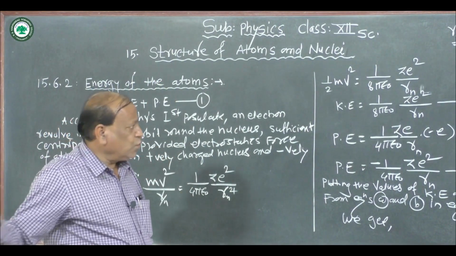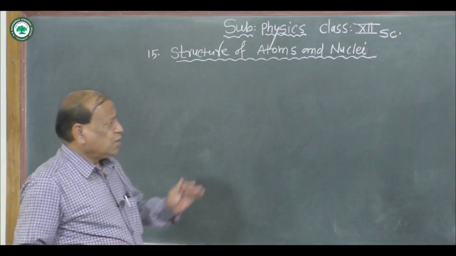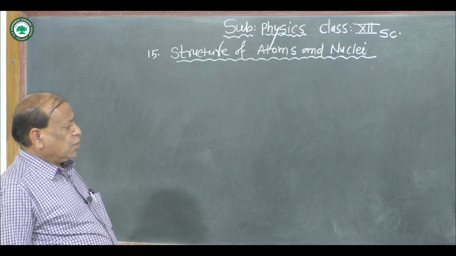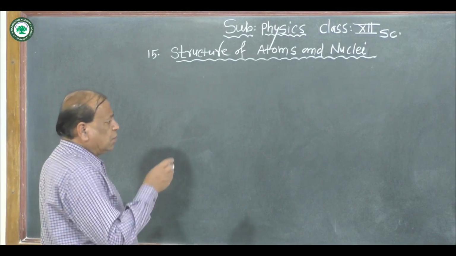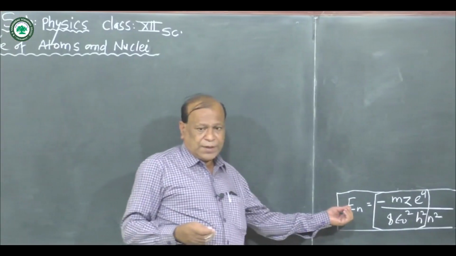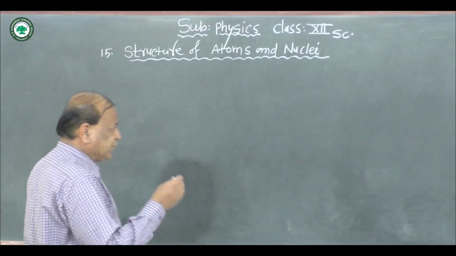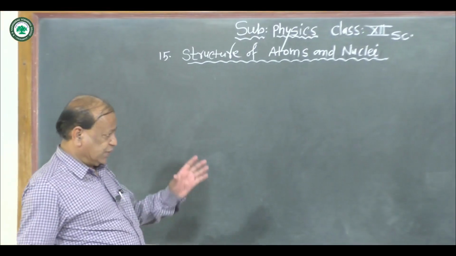Okay. Now, we can take the next article. Here we get the expression for energy of an atom, or energy for the nth orbit.